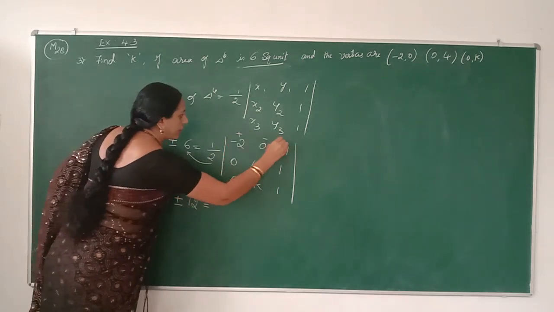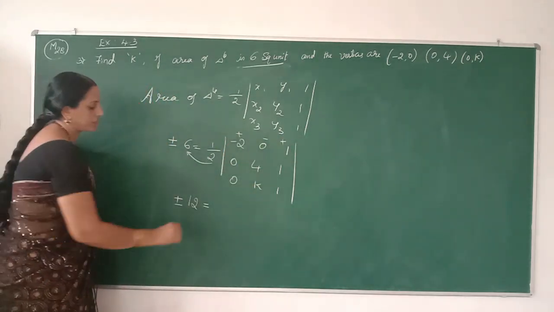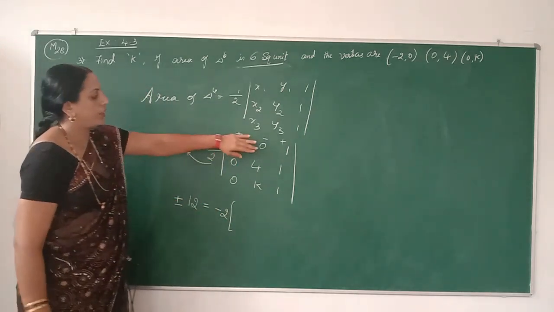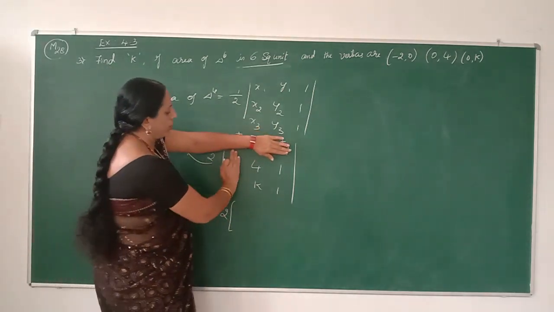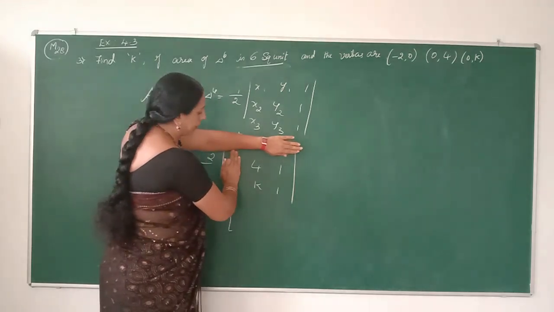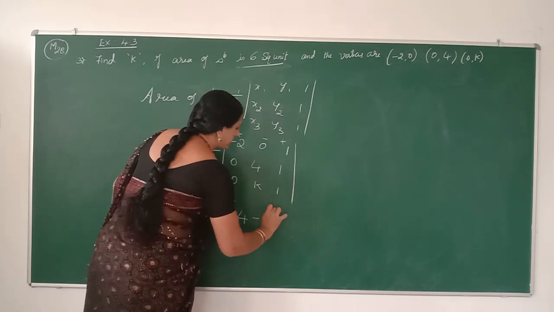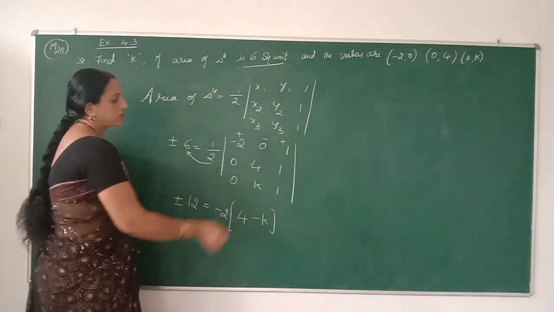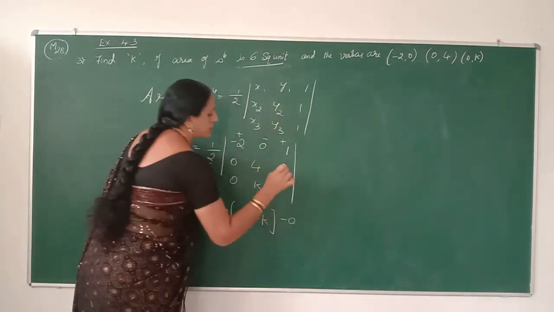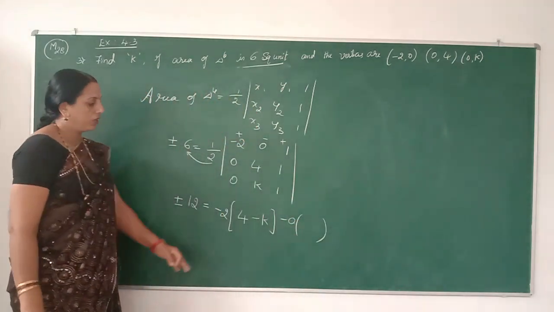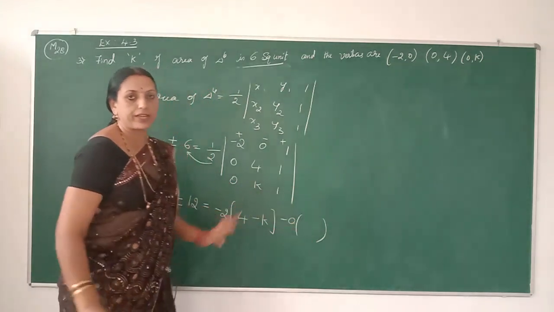This gets simplified by using the alternating signs. Minus 2 of, now minus 2 is the element of the first row, first column, and these get neglected and the remaining get cross multiplied: 4 minus k. Similarly, the next element is 0. 0 into anything will be 0. Therefore, these elements also get neglected.